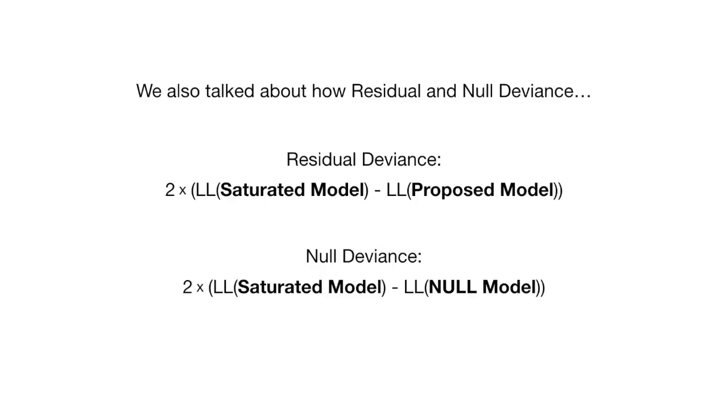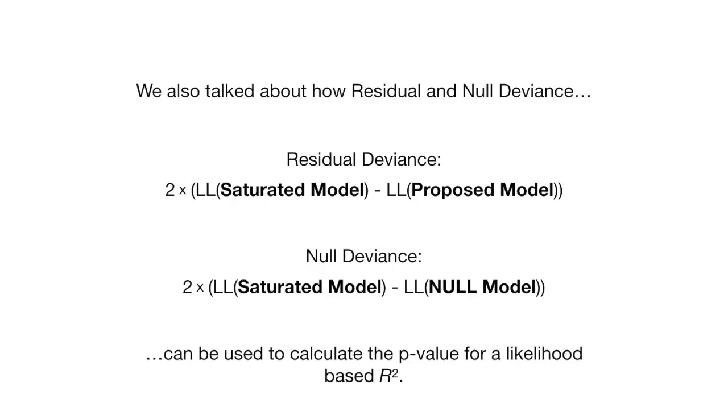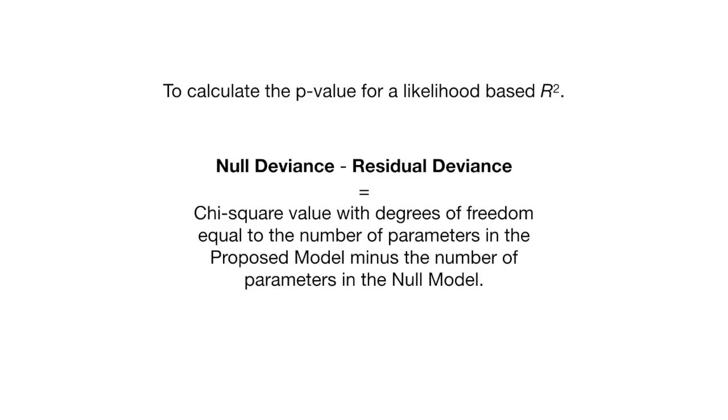We also talked about how residual and null deviance can be used to calculate the p-value for a likelihood-based R-squared. The difference between the null deviance and the residual deviance equals a chi-squared value with degrees of freedom equal to the number of parameters in the proposed model minus the number of parameters in the null model.